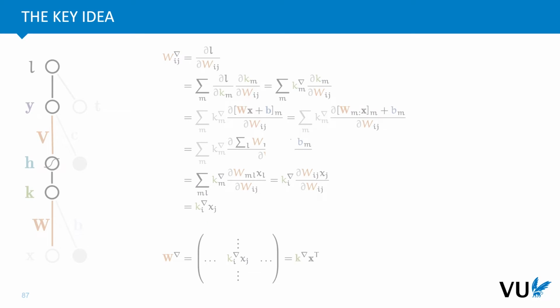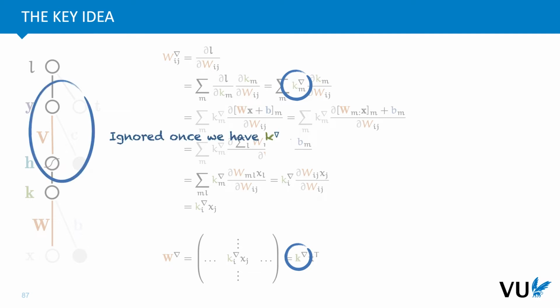Now, whenever we work out a gradient, as we did in the previous video, we always look at the node above the one for which we're computing the gradient and use the multivariate chain rule to split the gradient in two. So in this case, we are working out the gradient for W. So we look at the node K in the computation graph, we apply the multivariate chain rule to K, but then the gradient for K is always a value that we've already worked out.